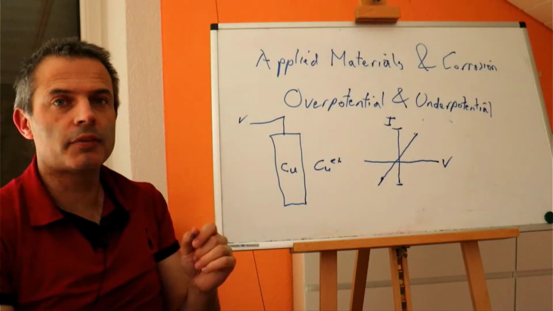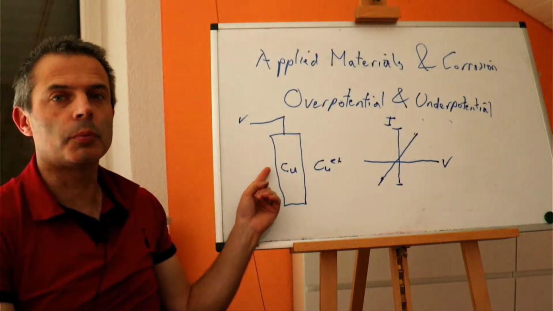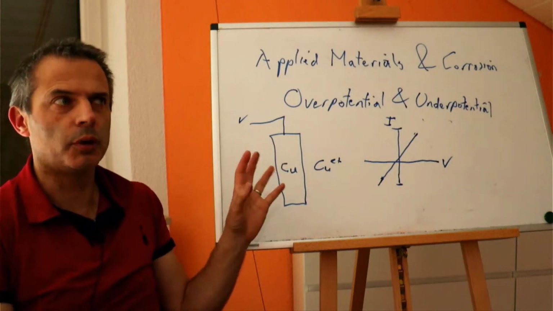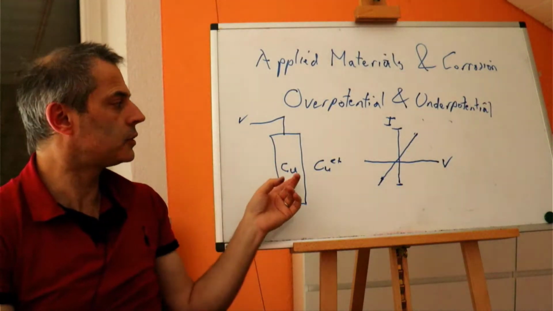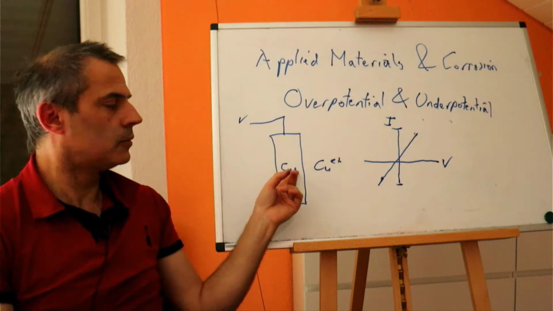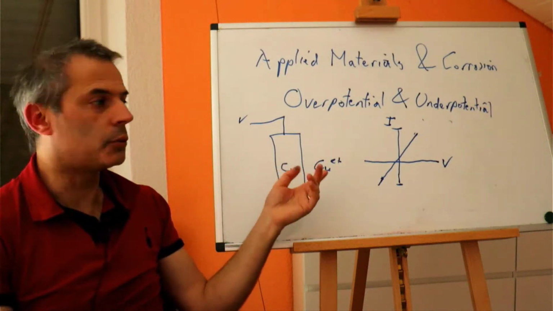So if we take a perfect reaction like this one, of copper to copper 2+ in solution, it behaves very much like a perfect reaction. The copper and copper 2+ are in equilibrium.